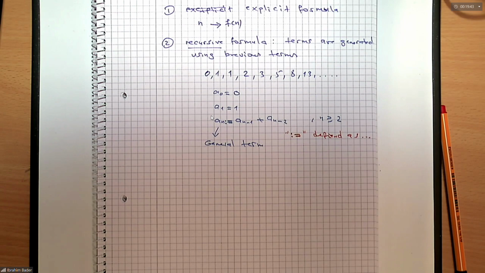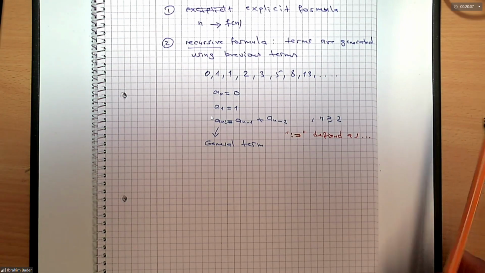So this last sentence says that for any term starting at A2, the second term onwards, you just add the two previous terms, the one to its left and the one to the left of that. This is what the sequence is about.